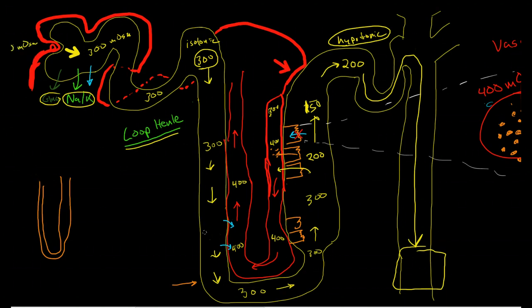So we end up with this getting increased. And the higher concentrated urine gets carried up into the loop of Henle, right?